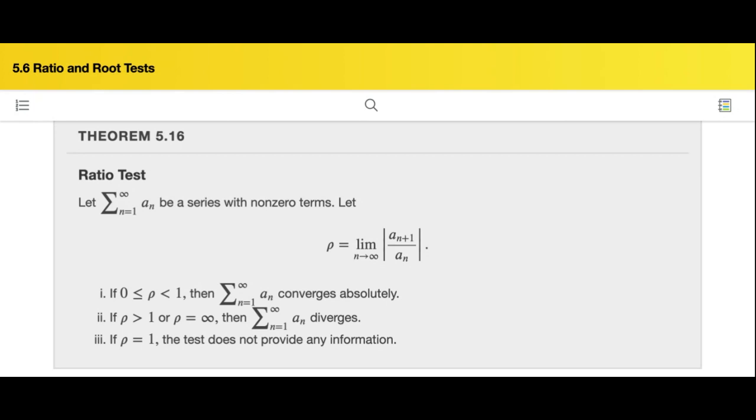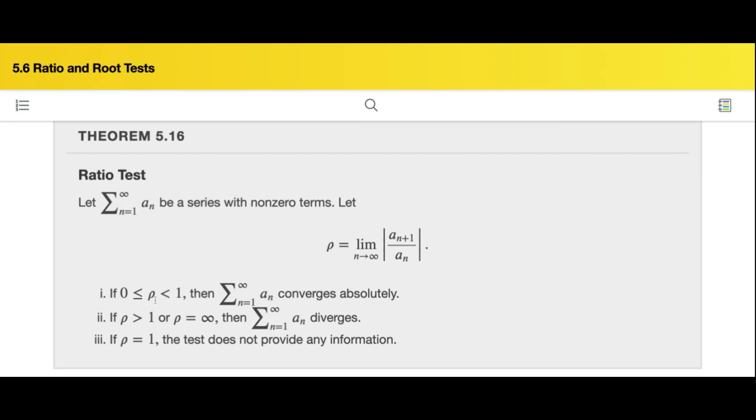Why do we compare those two terms? The ratio shows us the change from a_n to a_(n+1).